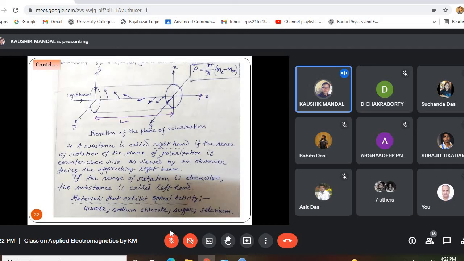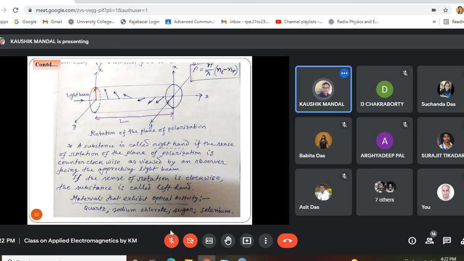This is the x-axis, this is the y-axis. As we know, in case of plane of polarization, we basically considered the electric field vector to identify the plane of polarization or the state of polarization.